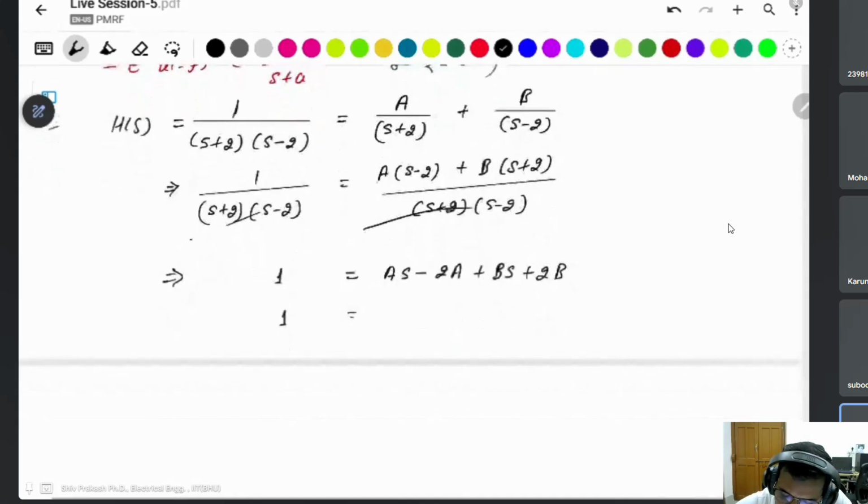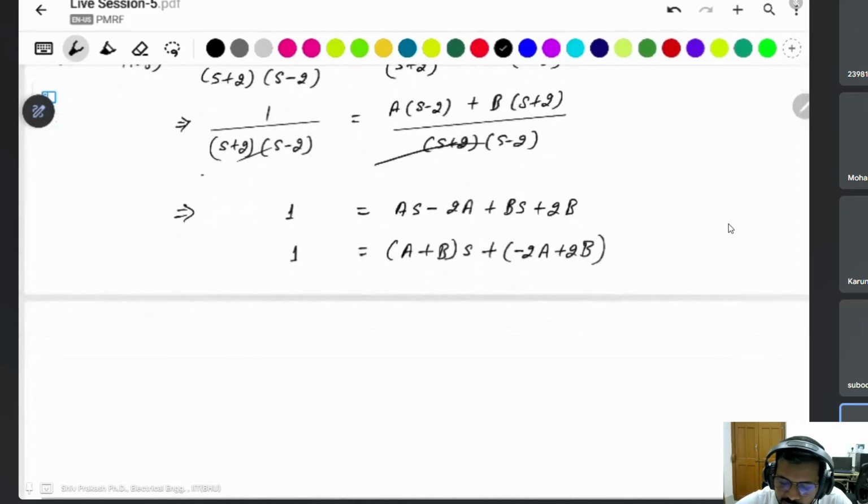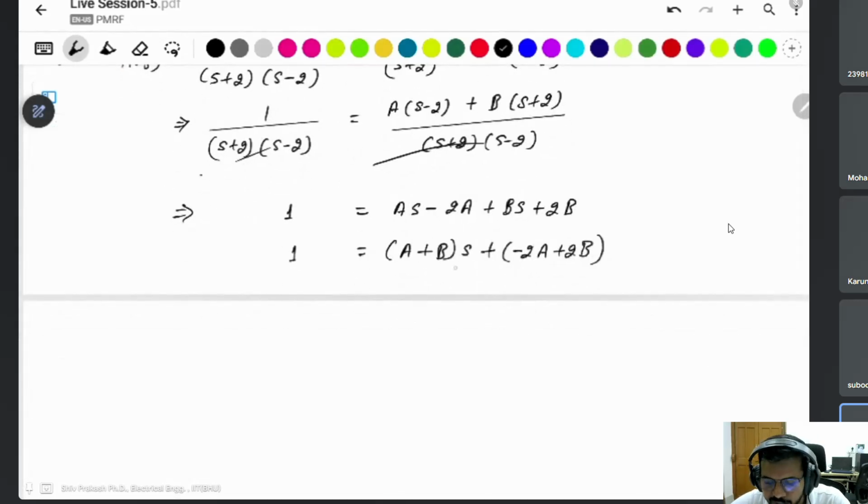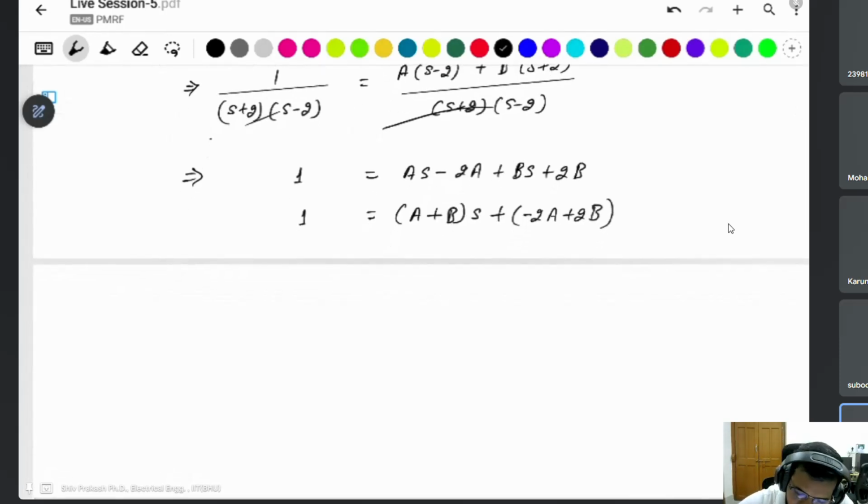We have to take the s terms together: a plus b times s plus minus 2a plus 2b. If there is an s square term, take the s square term together, then take the s term together, then take the terms without s. On the left side there is no s term. It means a plus b is equal to 0.